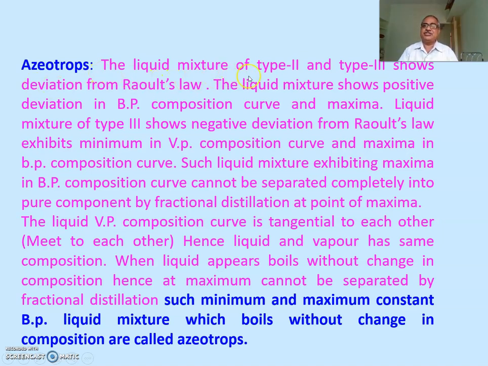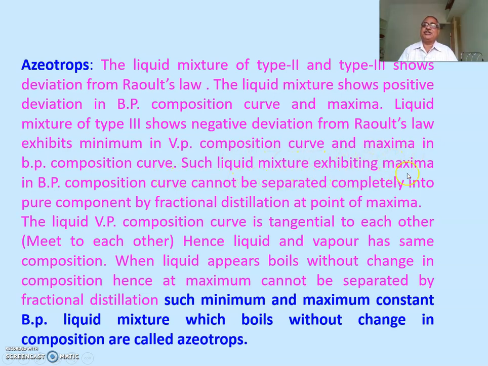Azeotropes are liquid mixtures of type second and type third showing deviation from Raoult's law in the vapor pressure composition curve. The liquid mixture of type second shows a positive deviation, with a minimum in the boiling point composition curve. The liquid mixture of type third shows a negative deviation from Raoult's law, with a minimum in the vapor pressure curve and a maximum in the boiling point composition curve.